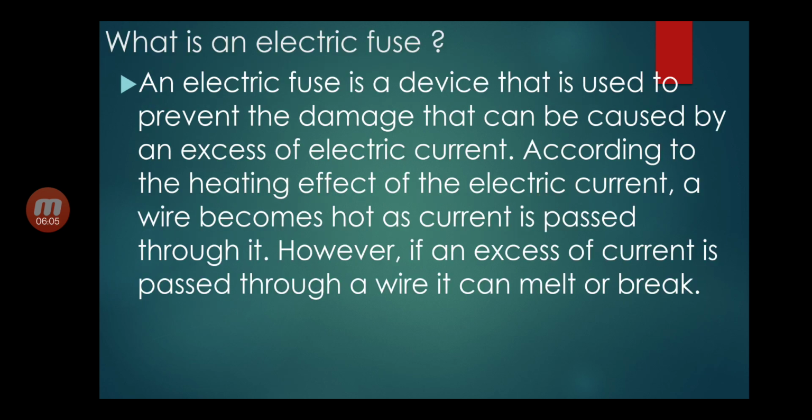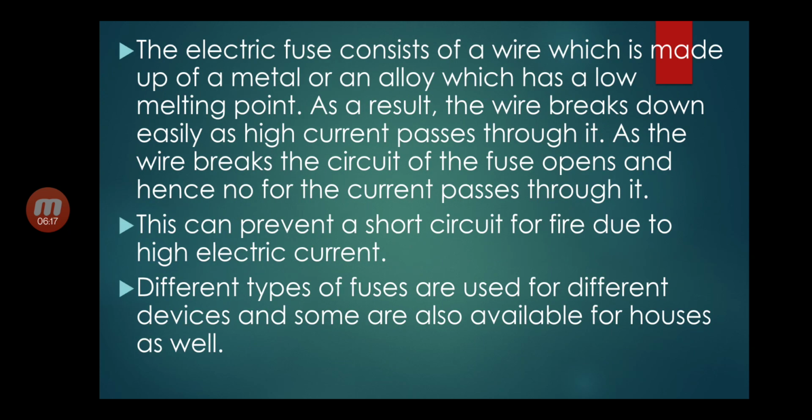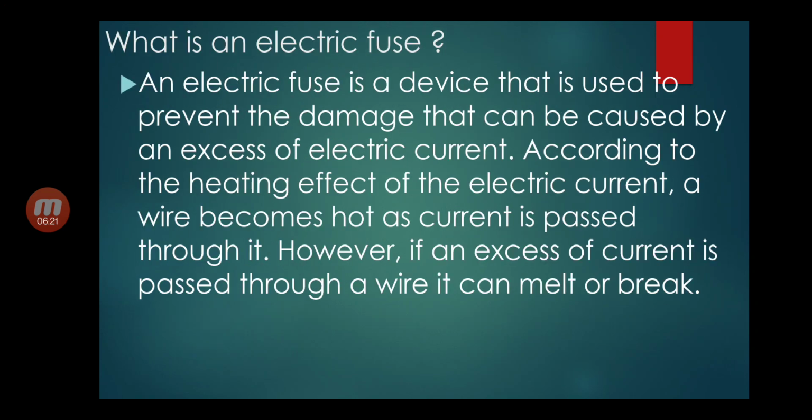What is an electric fuse? An electric fuse is a device that is used to prevent the damage that can be caused by an excess of electric current. According to the heating effect of electric current, a wire becomes hot as current is passed through it.